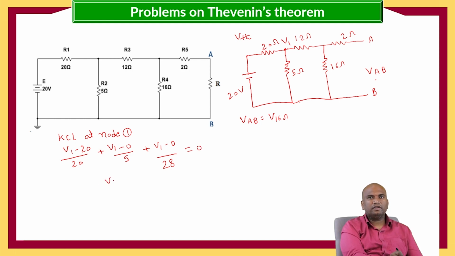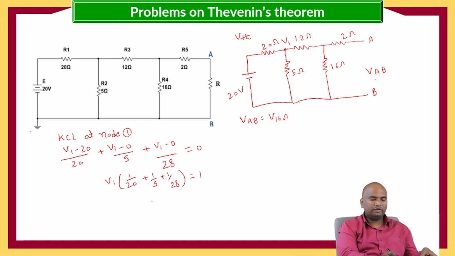So V1, if we take common, 1 by 20 plus 1 by 5 plus 1 by 28 is equal to 1. So V1 is equal to 3.508 volts. So now we got V1 as 3.508, and this V1 is divided into two parts, that is across the 16 ohms and 12 ohms.